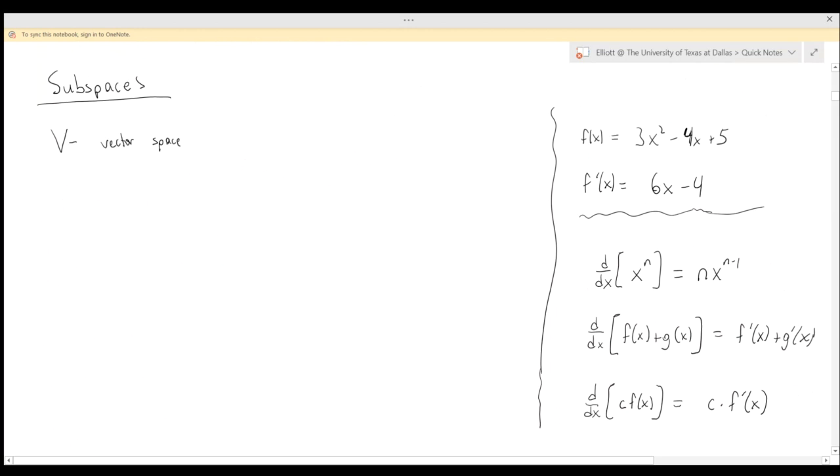All right. So now let's suppose that we just have some vector space, which I'm denoting by a capital V. So it could be Rn or a space of matrices or something else.